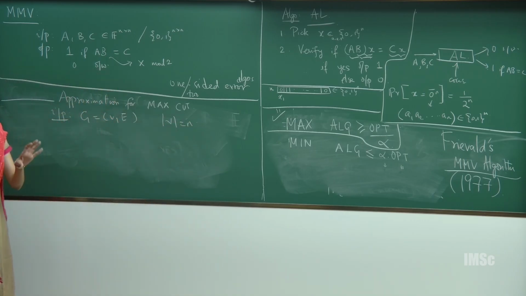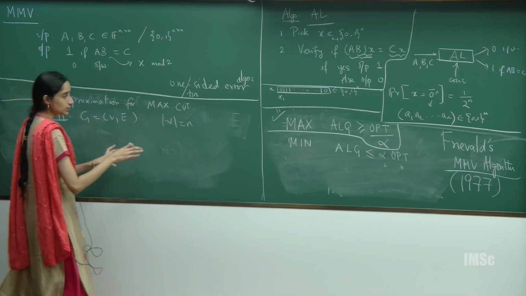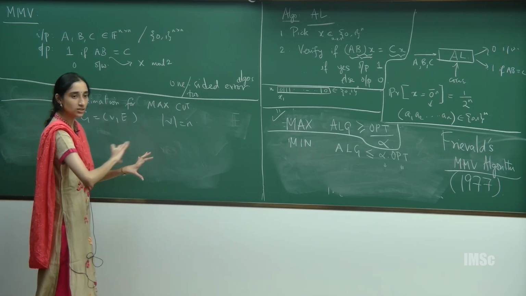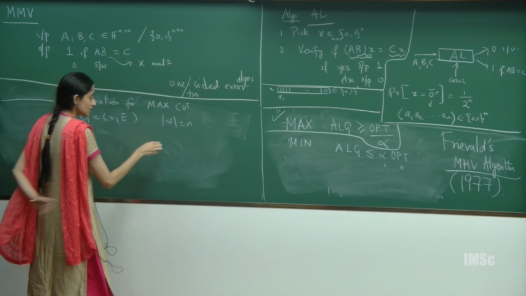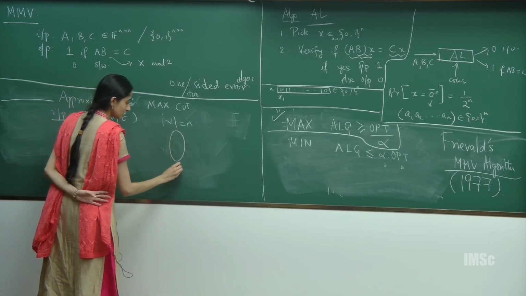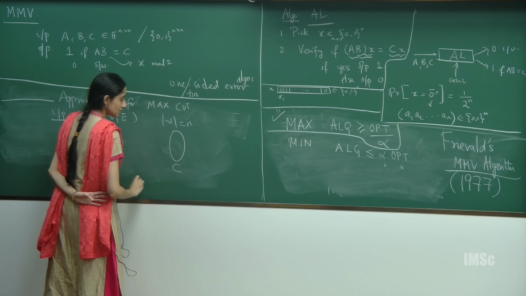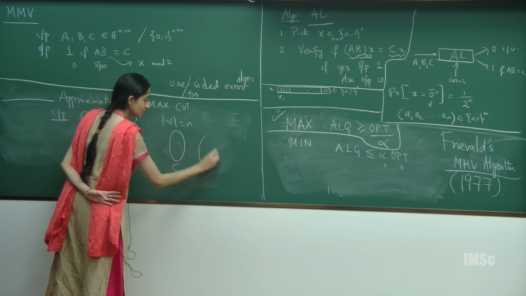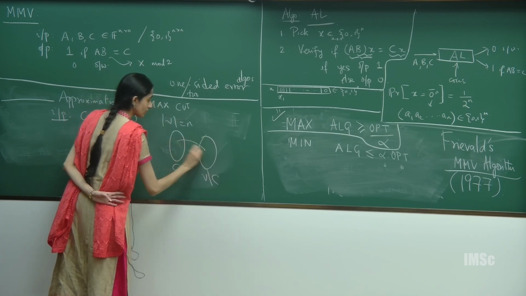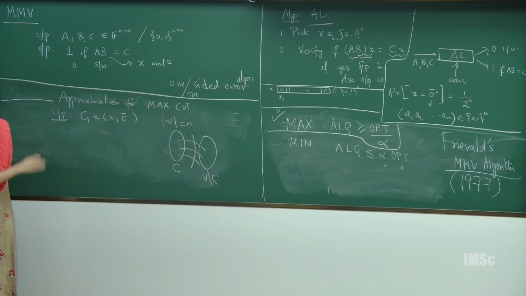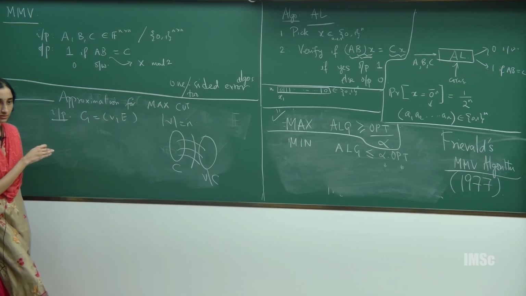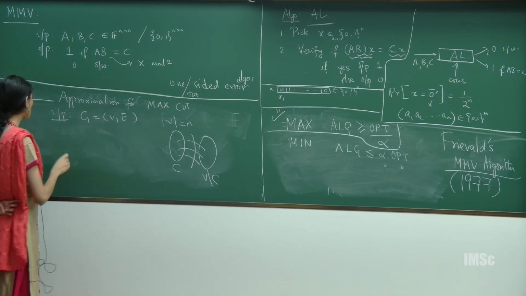So what are you trying to do? You are trying to partition the vertices into v1 and v2 such that the number of edges between them is maximized. So another way to say this is I am trying to find a set, let's say C, such that between C and v minus C, the number of edges is maximized. Right? Instead of v1, v2, I am taking C and v minus C because it's a partition. Is that okay? So what should the output be?